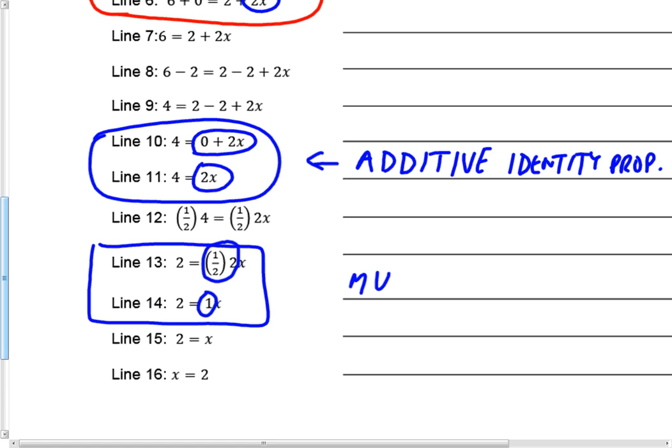Do they say multiplication or multiplicative on here? I personally would take either word, but just be aware that you could have multiplicative or multiplication. And what else? What property? Inverse. The inverse is actually the 1/2 and the 2.